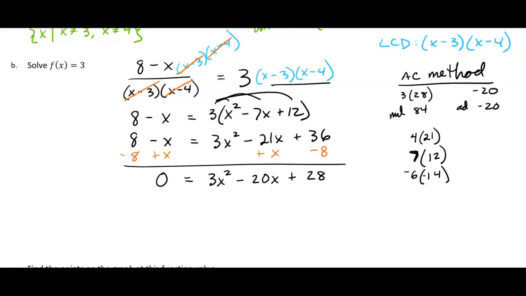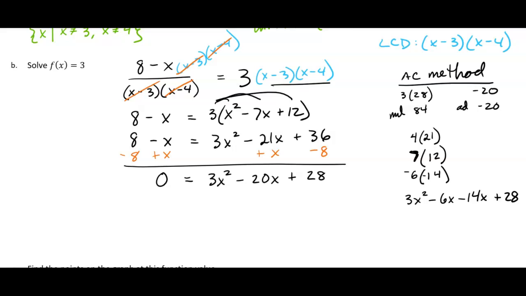So don't get discouraged. I was a little discouraged because that was number 84. I wasn't really familiar with it. Wasn't sure what it was going to be, but we found it. So negative 6 times negative 14 equals 84. Double check it. Negative 6 plus negative 14 equals negative 20. Okay, so now we're going to have 3x squared minus 6x minus 14x plus 28.